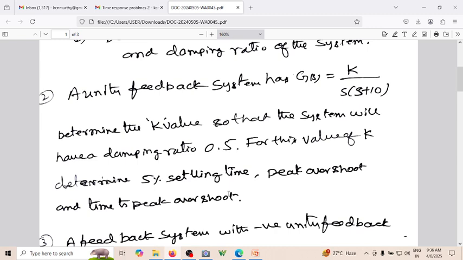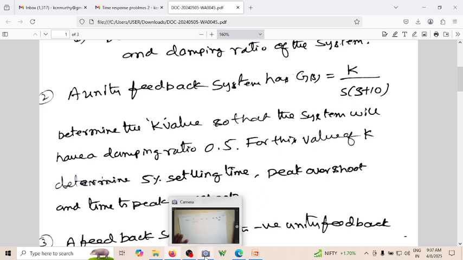We are asked to find the value of K if the damping ratio happens to be 0.5. For that value of K, what is Ts, Tp, and we are asked to find what is Np also.